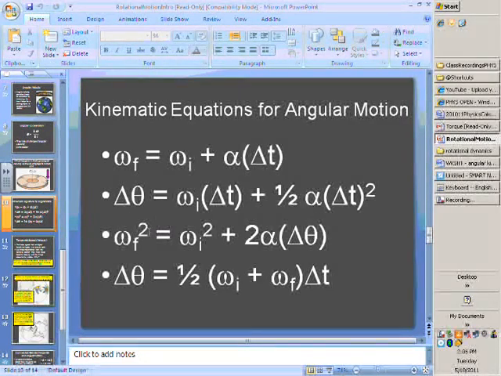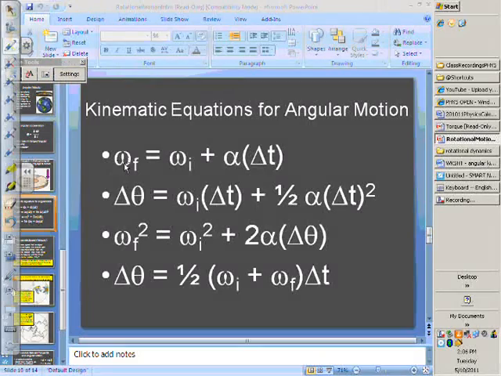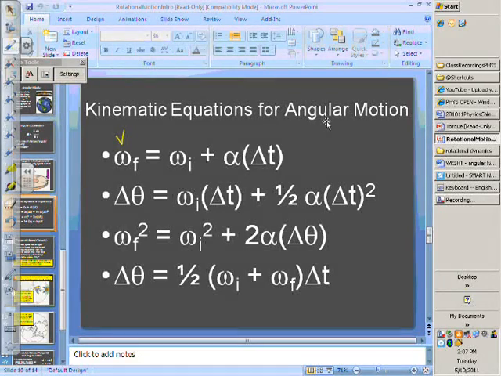So if we look here up on the board, as long as you know the conversions, you have all those equations up on the board. For instance, anytime we see an omega, the curvy W, that represents our rotational velocity. So anytime that there's a v in one of these kinematic equations, there's going to be an omega in the rotational kinematic equations. Okay? Alpha represented the acceleration.